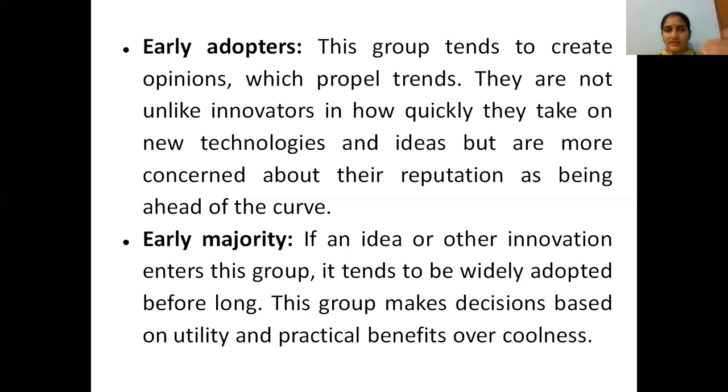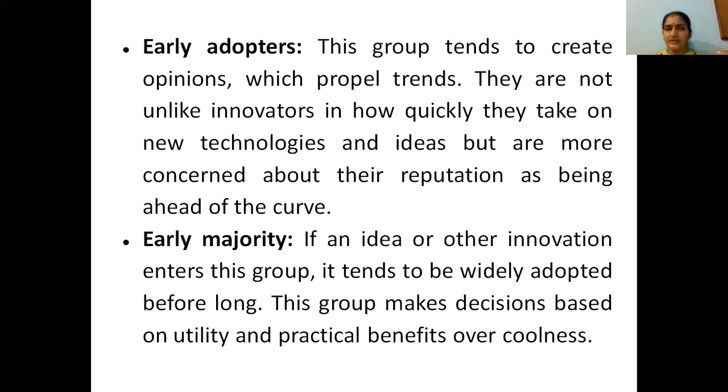So once these early adopters have given their opinions about one kind of new technology, new product or any new launch, this early majority will also be accepting that thing by following early adopters. So here innovation enters this group and it tends to be widely adopted. Okay, it tends to be widely adopted before long, like within a short span of time only.